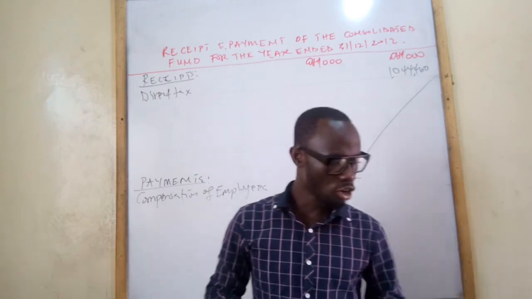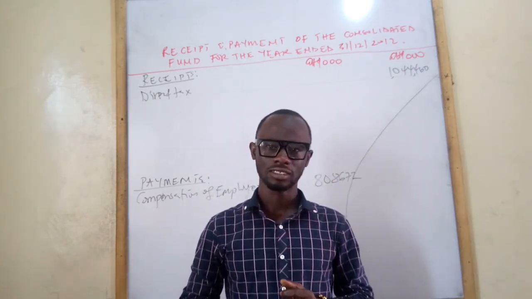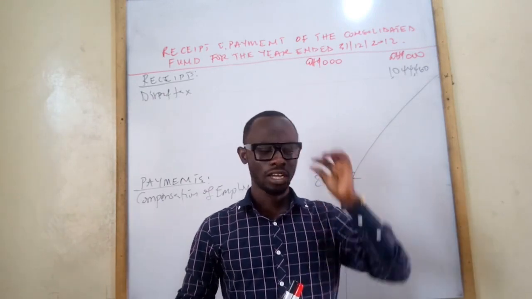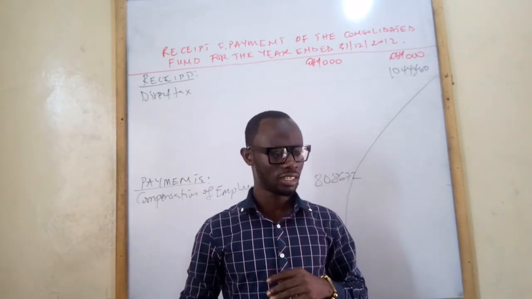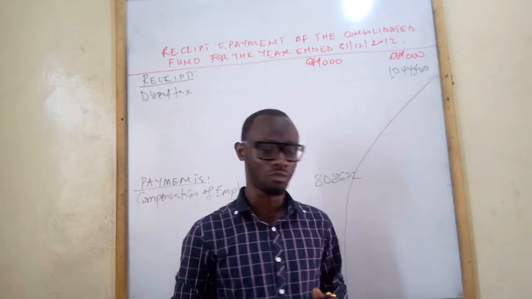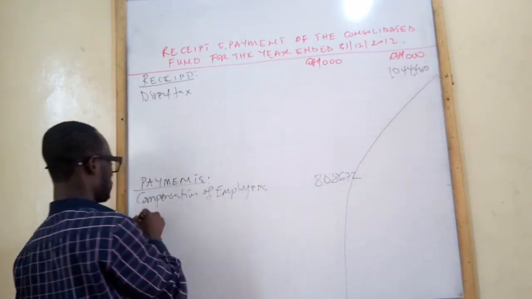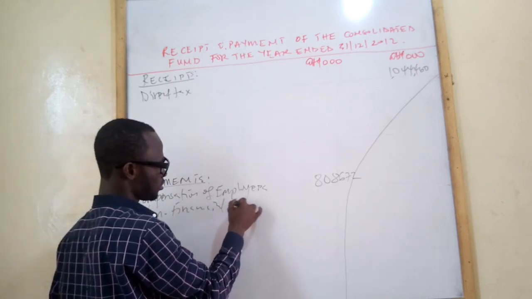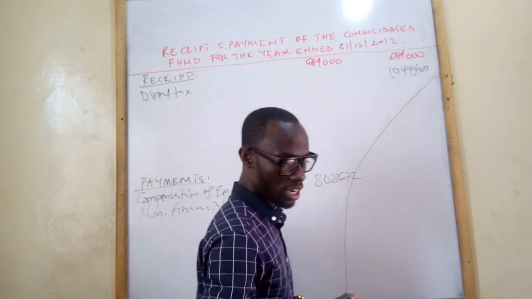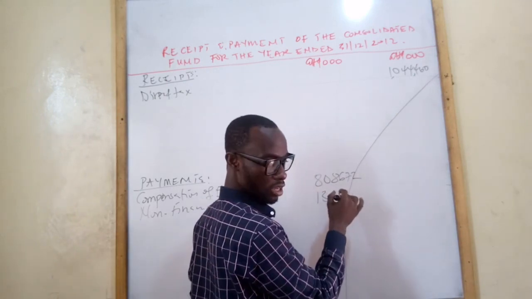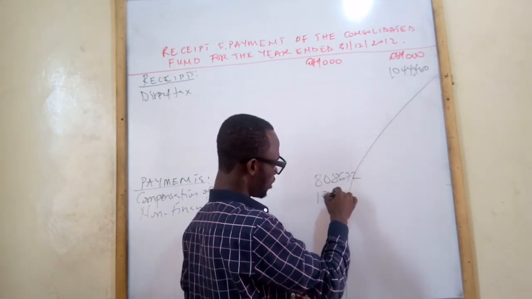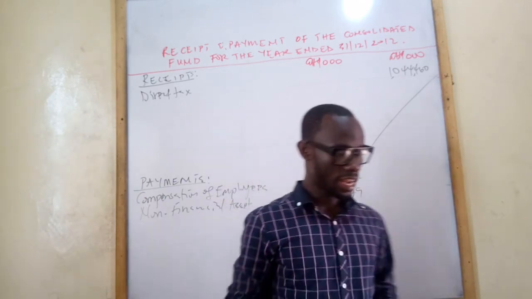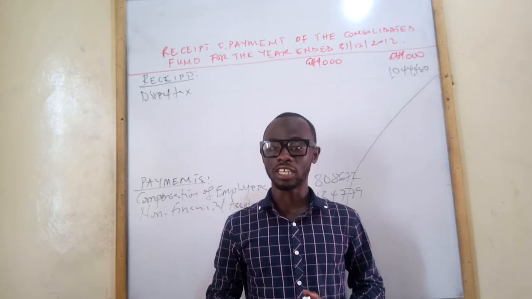Then non-financial assets. What is it about? Non-financial assets probably means an acquisition of assets, so it's an expenditure. So non-financial assets, and that is 134,779.